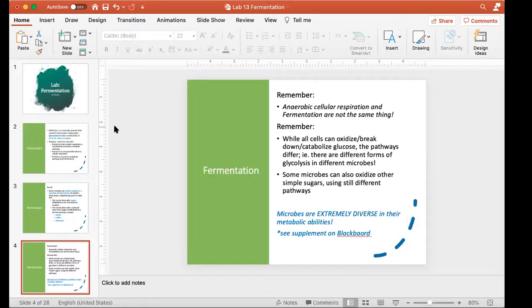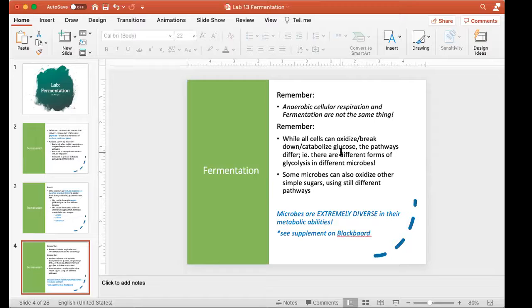Fermentation is different. Fermentation diverts one of the products of glycolysis, which is called pyruvate, into a completely different pathway and turns it into either acid, alcohol, and or gas.